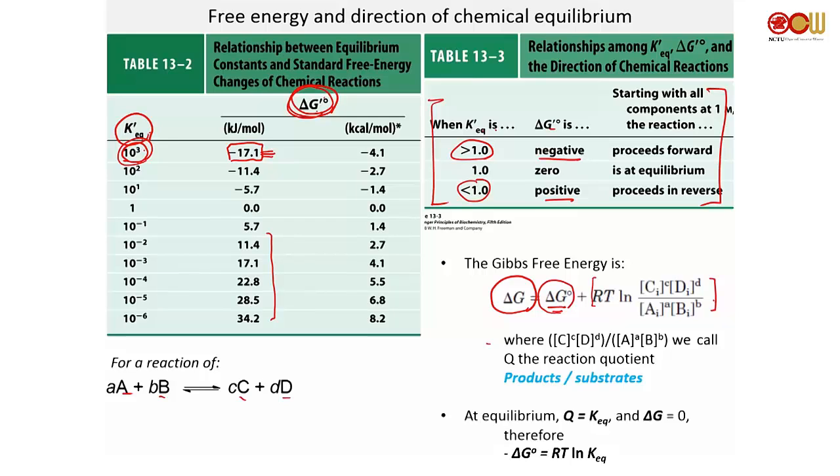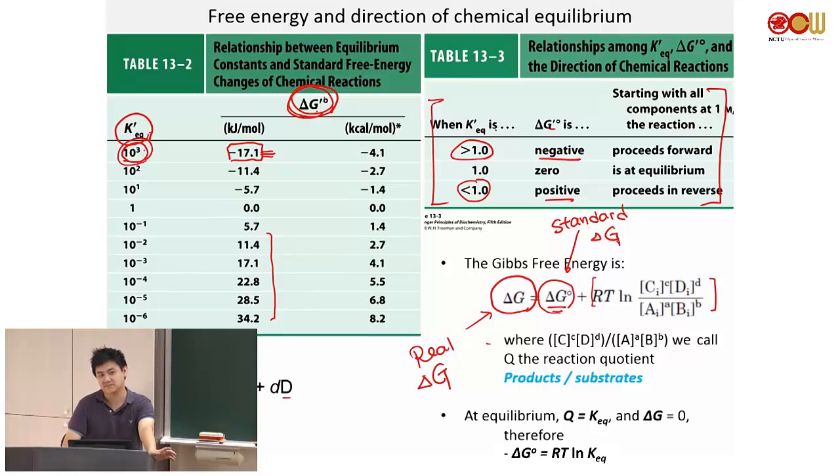So depending on the concentration of the metabolites inside your body, this is what I always call the real delta G, and this other one is the standard delta G. Real delta G in your body is always negative, but standard delta G doesn't have to be. There are a lot of reactions where standard delta G is very positive, but somehow inside your body it becomes negative for the real delta G.